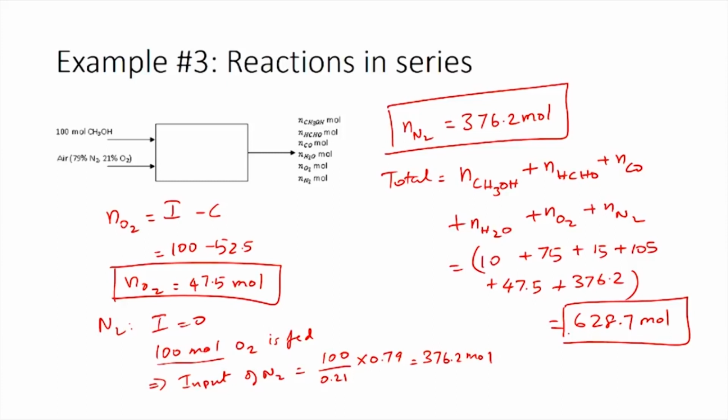Using the individual number of moles for each of the components and the total moles, we can calculate the mole fraction or mole percentage of each of the components in the product stream.